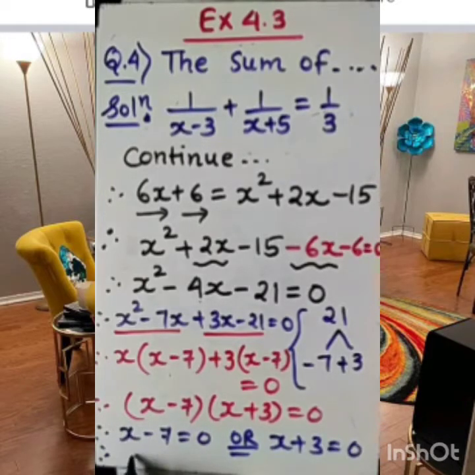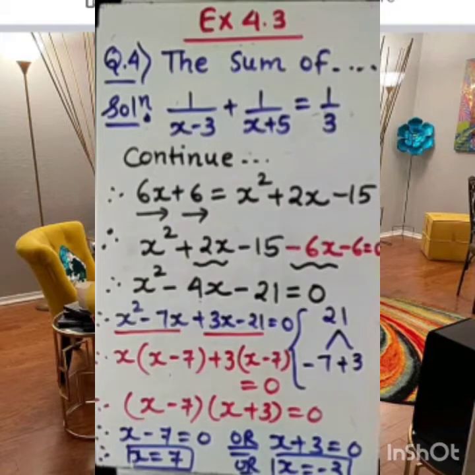Therefore, the value of x is 7, this is one of the values, or x equal to minus 3, that is a negative number. And as usual, dear student, you know x equal to minus 3 is impossible because we have considered x as an age. Present age can't be negative, so it's impossible. So we will work with the other answer.